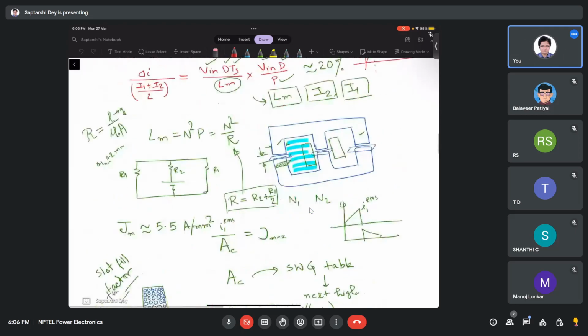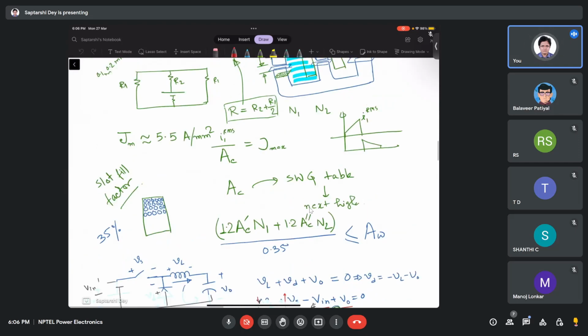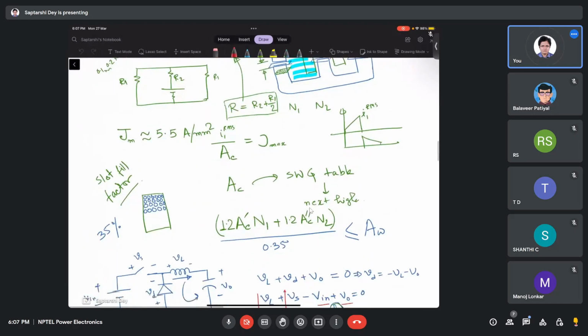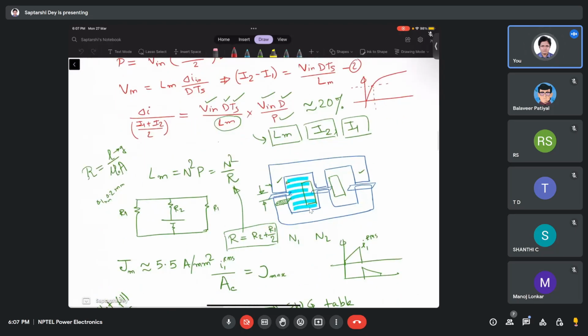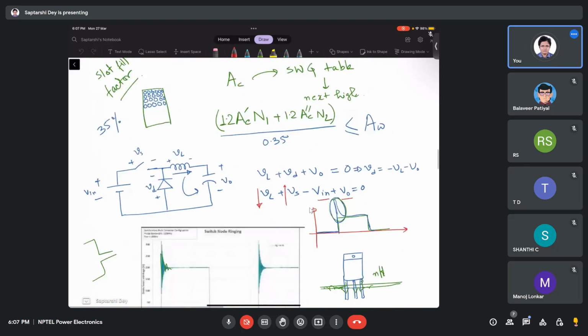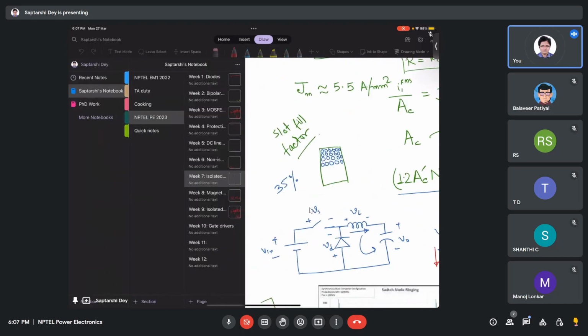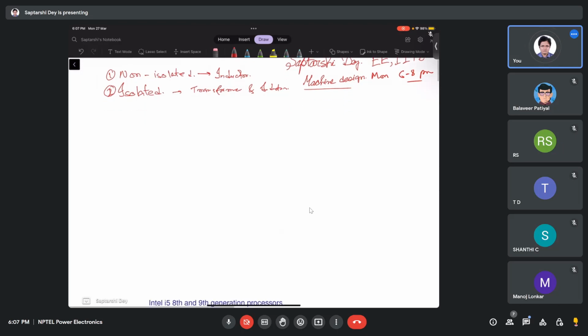The process is pretty much the same for any kind of inductors or transformers: how to choose the core, how to choose the winding, how to make sure that the winding will go into the core. So a large part of this class was already covered in the last class.